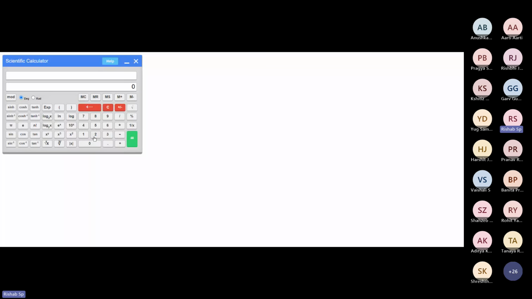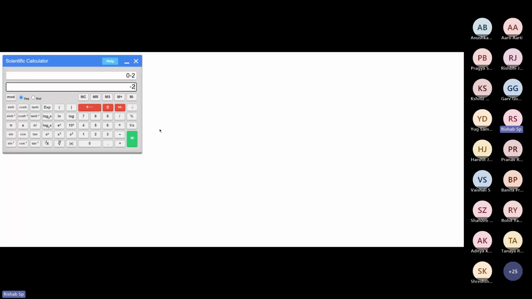So we'll take case 1. We got the linear regression value as 2. We'll do minus 2 equal to, and we get minus 2 as the answer. So exponential of minus 2 is what we want to find.